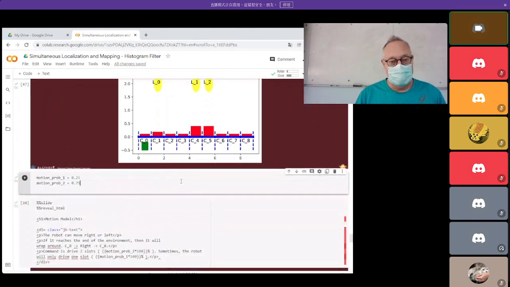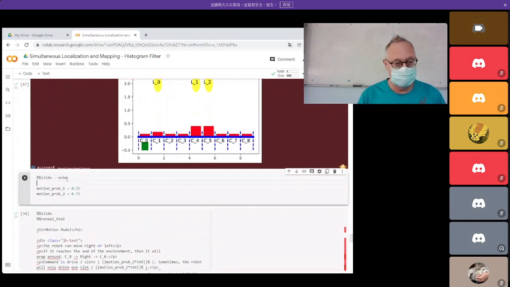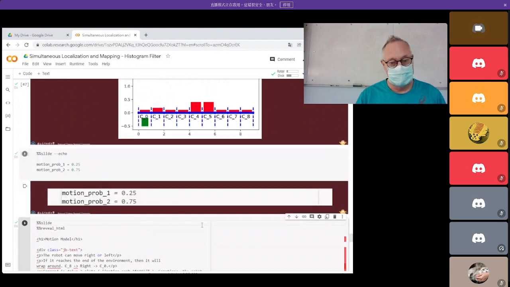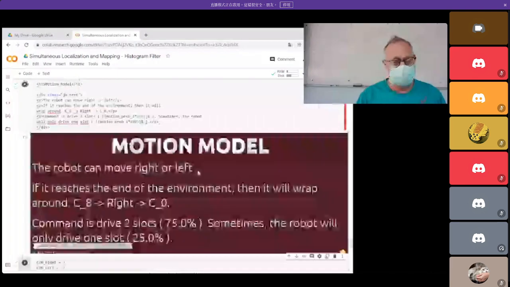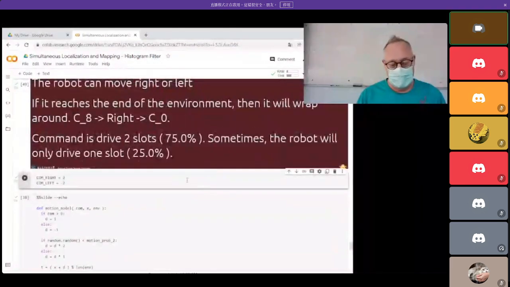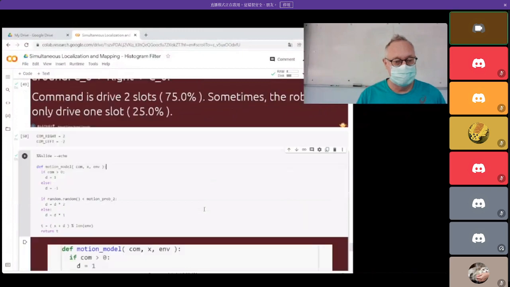Okay, then we have our motion probabilities and our motion model.